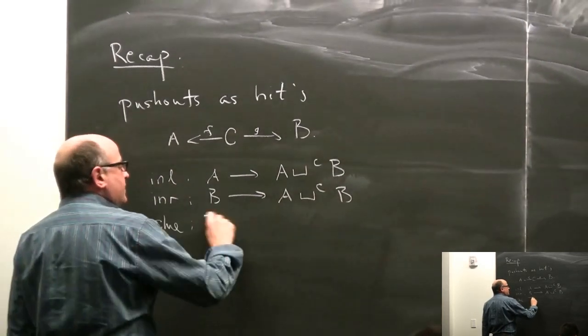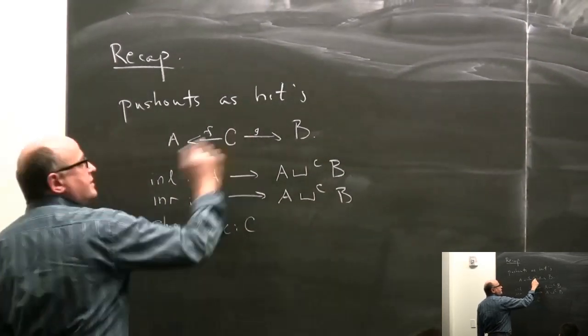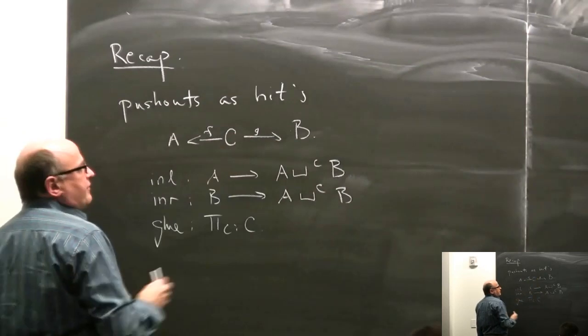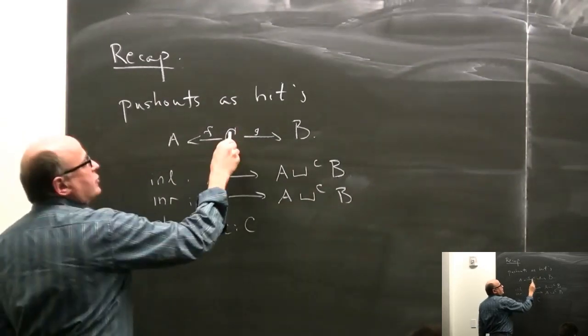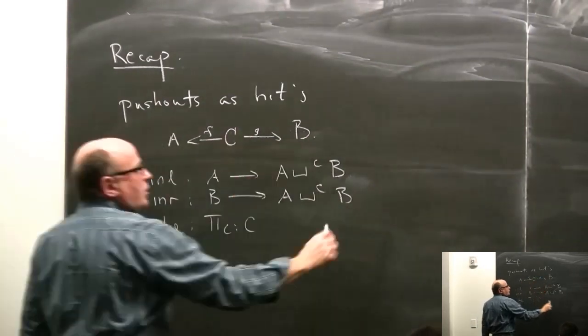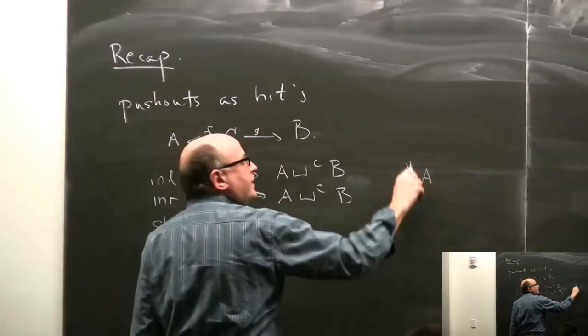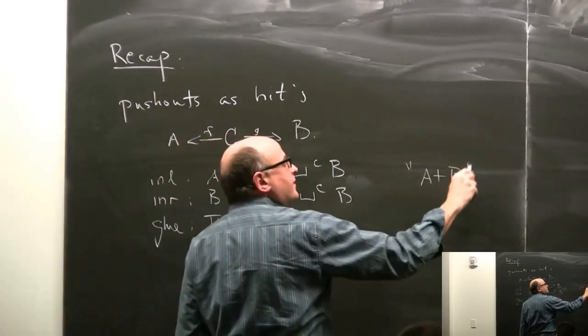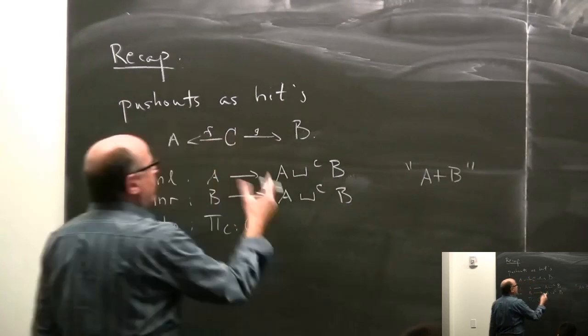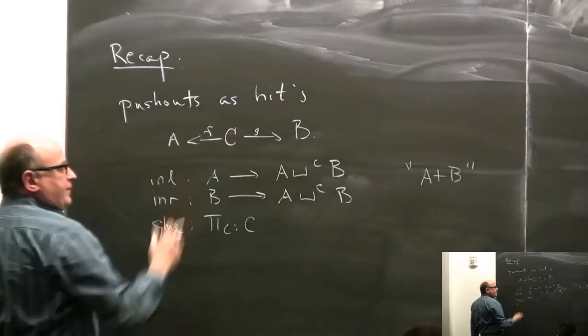for every C, because we think of this as a way of drawing a diagram in A and B, and we want to form essentially, so over here we're starting out by forming their sum, except that we want to amalgamate the parts that are in the images.